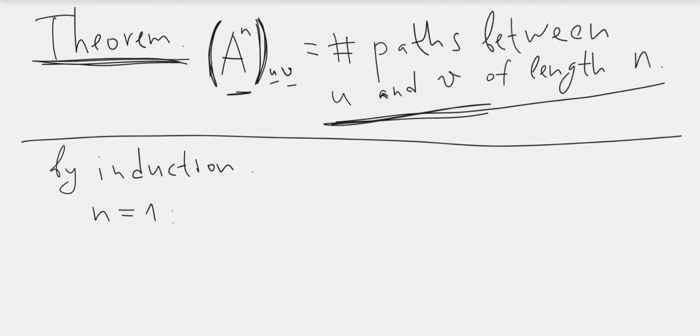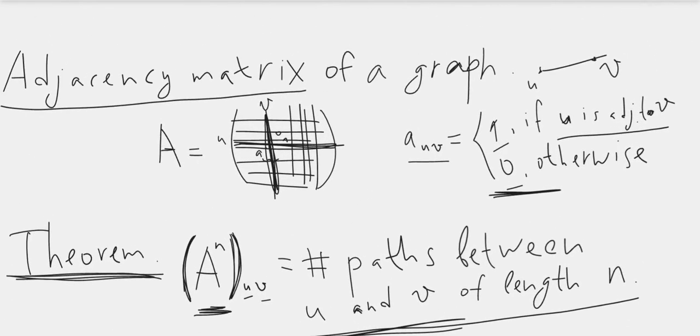When n is equal to 1, this is the original adjacency matrix, and the value for the vertices u and v is equal to 0 or 1 depending on whether they are adjacent. So exactly this definition.